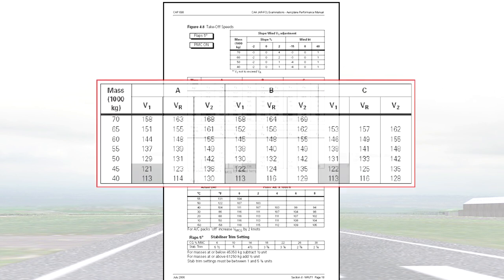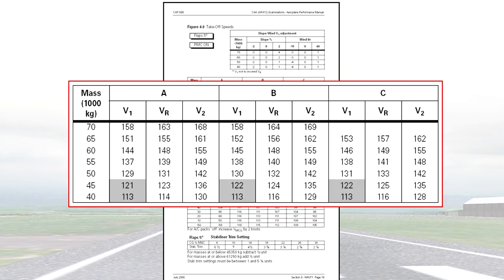On pages 18 and 19 of section 4 in CAP 698 are such tables. Examine the second table from the top. This table lists the 3 V speeds, including V1, against the aeroplane mass. This table can show us what the effect of certain factors are.